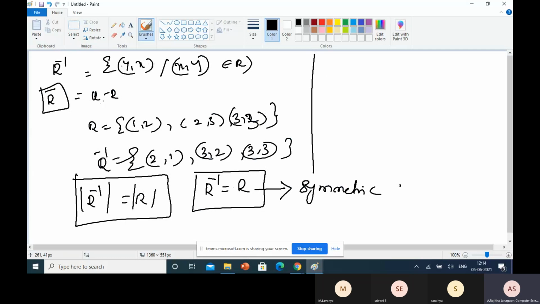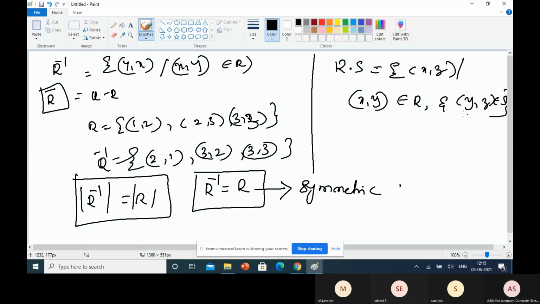Next is the composition of R and S. Suppose x comma z is in the composition of R to S. Here x comma y belongs to R and y comma z belongs to S. This is the concept of composition.